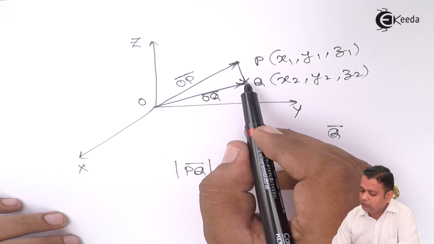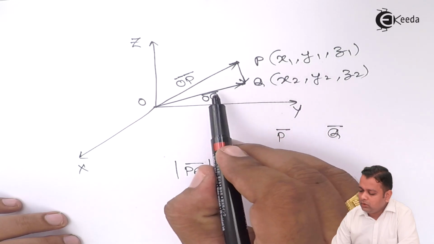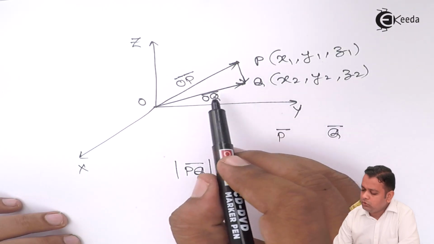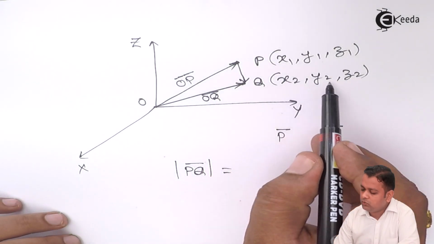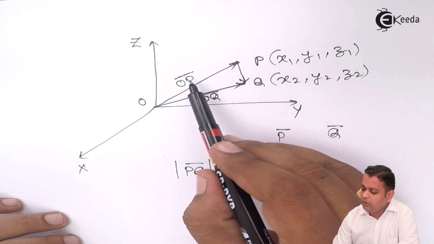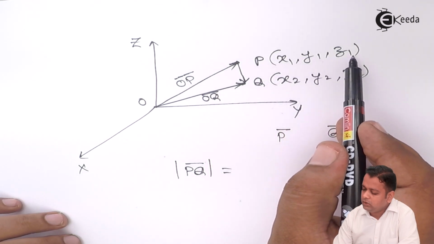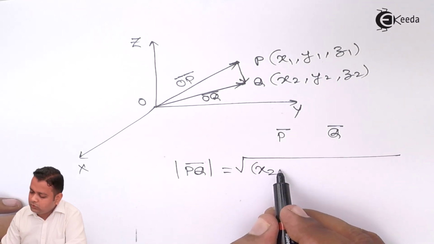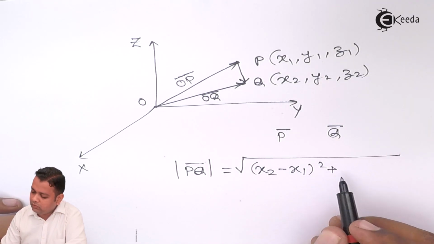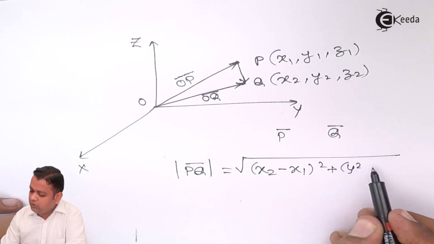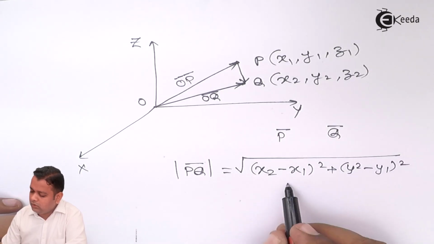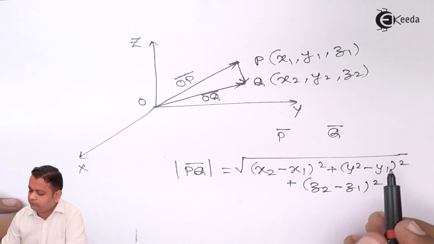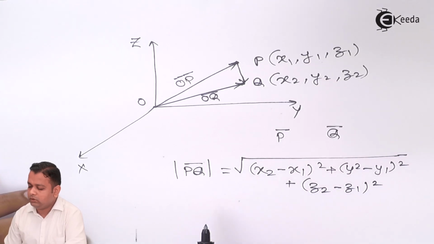So simply PQ bar is nothing but OQ bar minus OP bar. So OQ bar with these coordinates x2, y2, z2, OP bar with the coordinates x1, y1, z1. We can simply write the distance formula under root of (x2 minus x1) whole square, plus (y2 minus y1) square plus (z2 minus z1) square. So this is the distance formula.